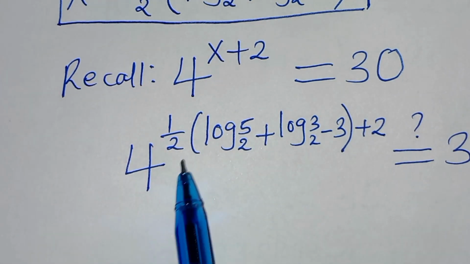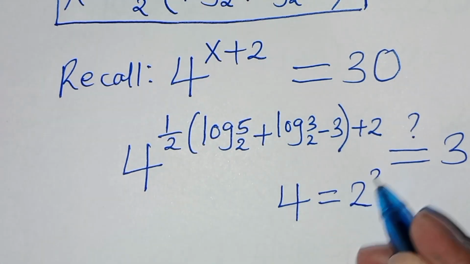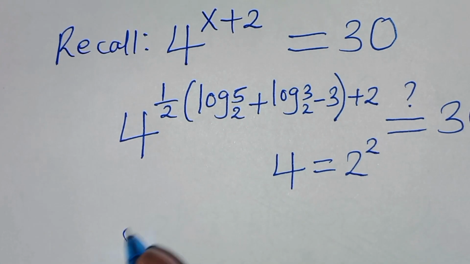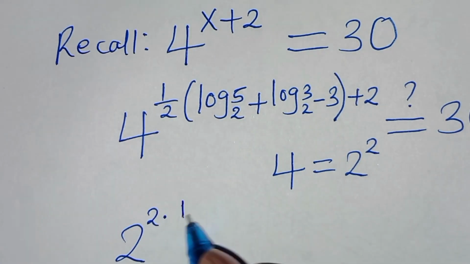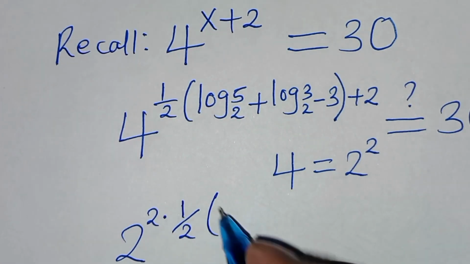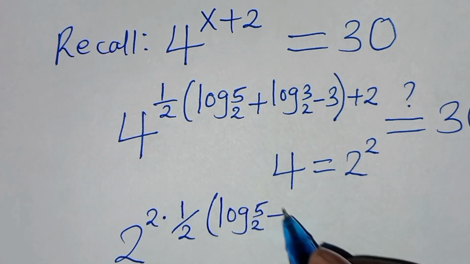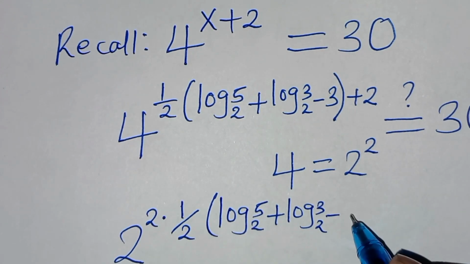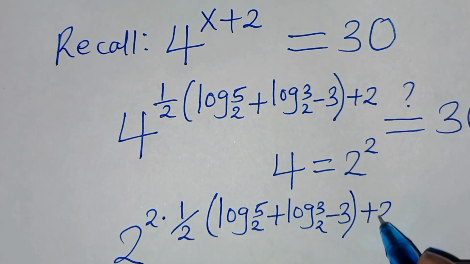Now the next step is that we can express 4 as 2 to power 2. Substituting this, we'll have 2 to power 2 times x, which is, this is half into the parentheses log 5 to base 2, then plus log 3 to base 2, subtract 3, close the bracket, then plus 2.